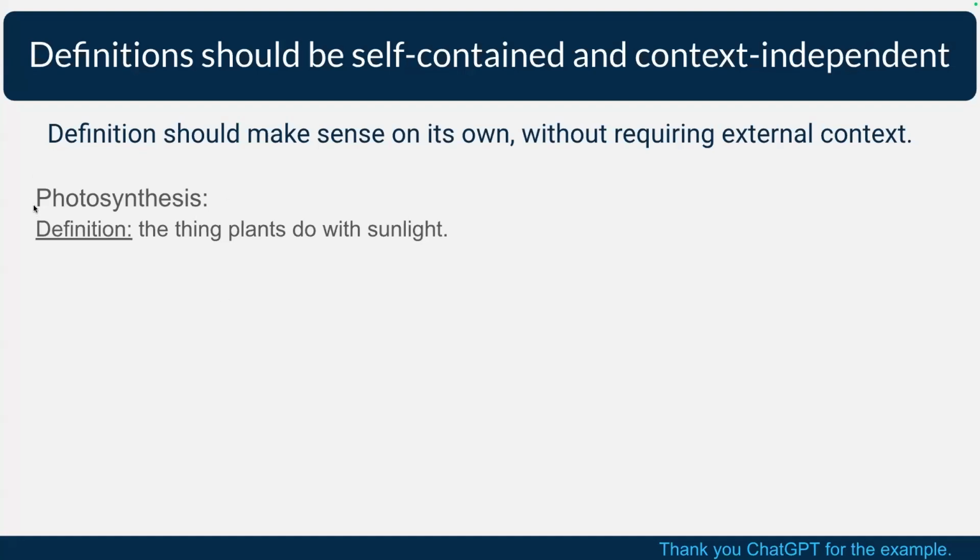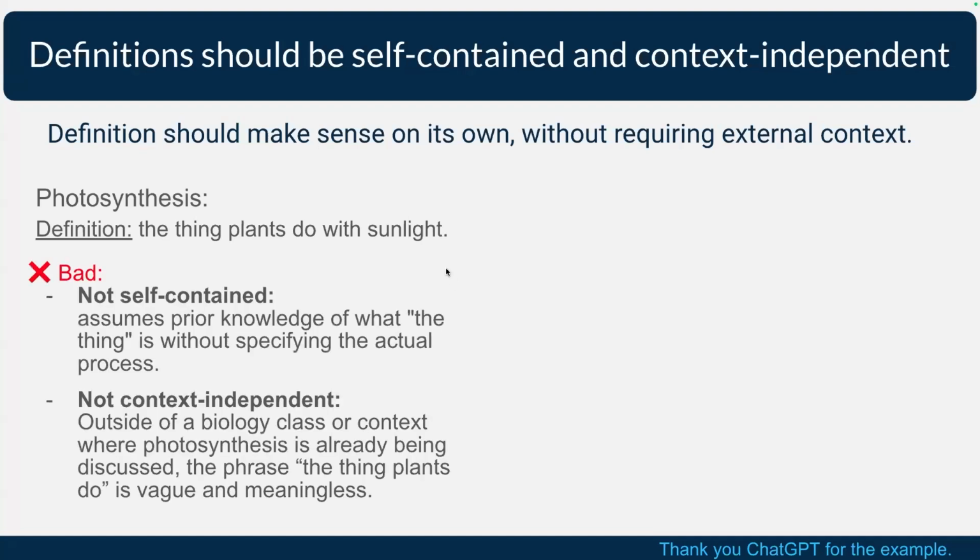This example, defining photosynthesis: it is the thing that plants do with sunlight. I give you 15 seconds to think about all the things that are wrong with this definition. This definition is not self-contained. It assumes that we know what, quote unquote, the thing is.